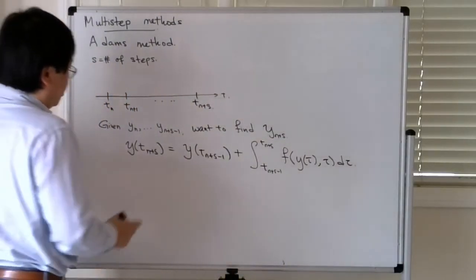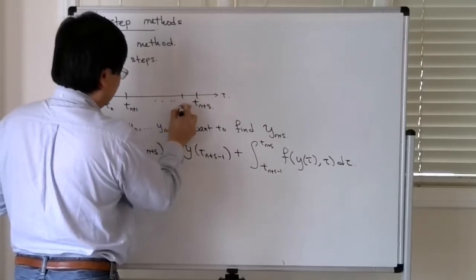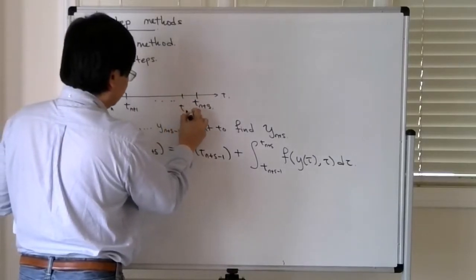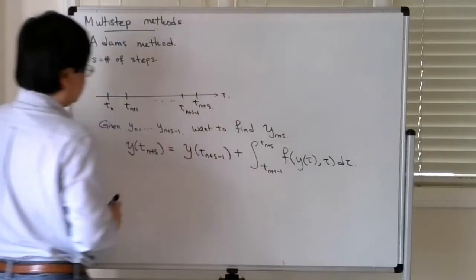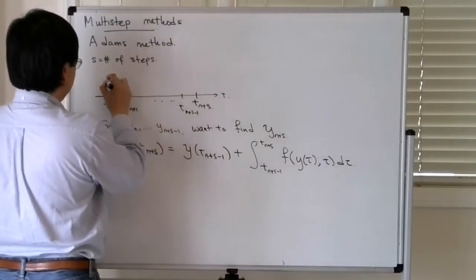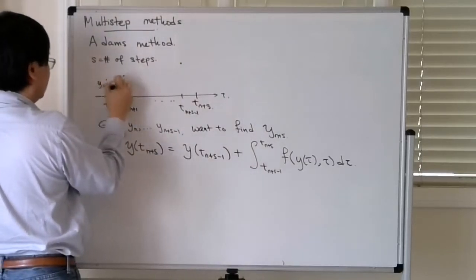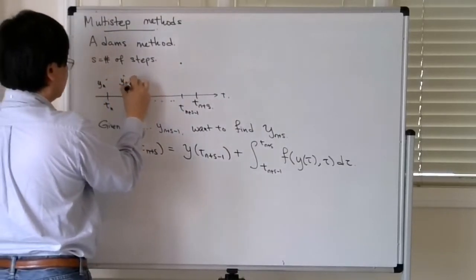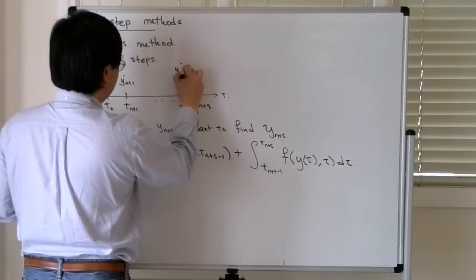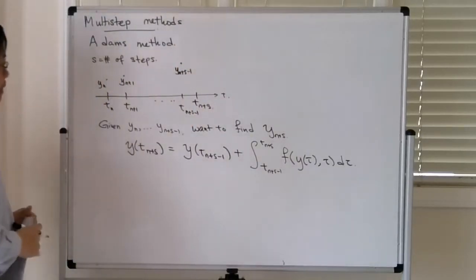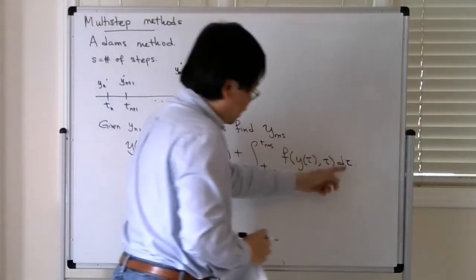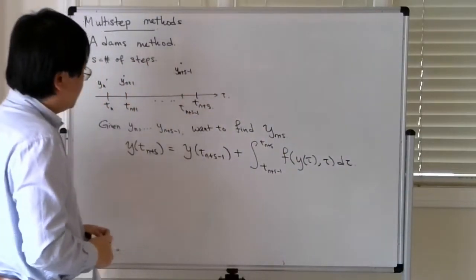But where the art comes in, if you will, okay, is that you happen to know what the y values at a bunch of previous times are, yn plus 1 all the way up to yn plus s minus 1. Okay, and you would like to then approximate this integral.